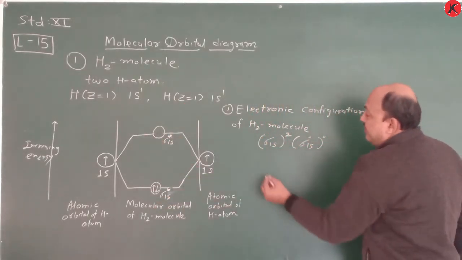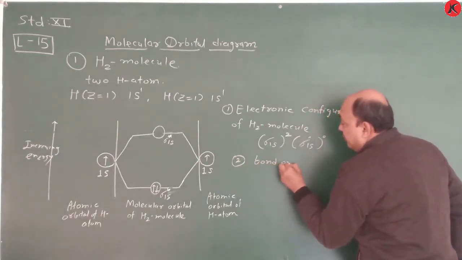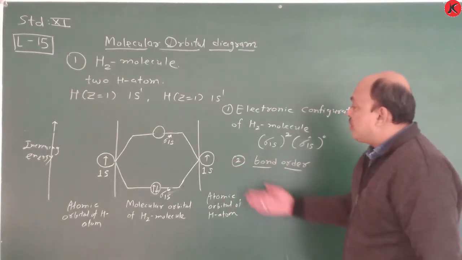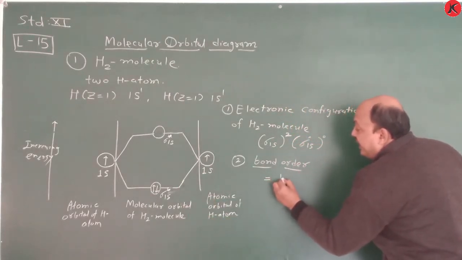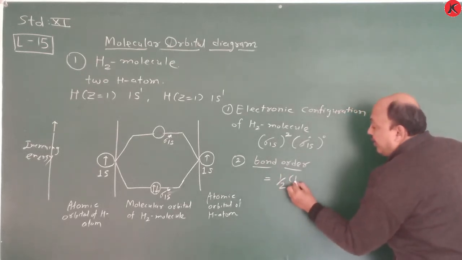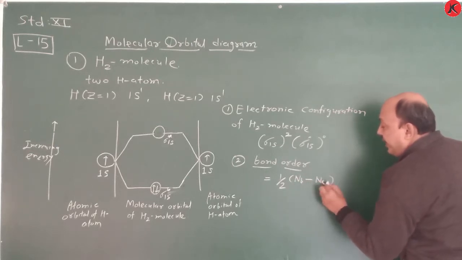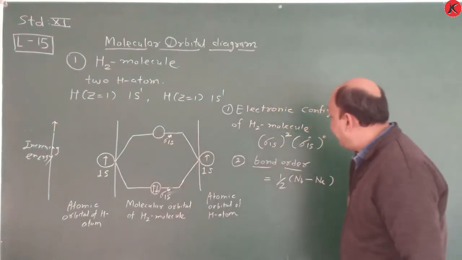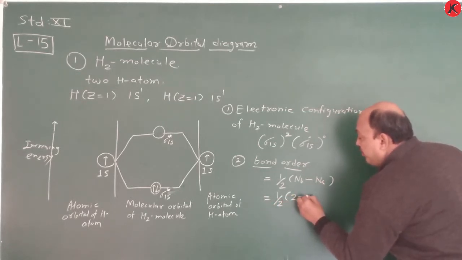Second, find the bond order. What is the bond order of this H2 molecule? Bond order is defined as half of the electrons present in bonding orbitals minus the electrons present in anti-bonding orbitals, where Nb is the number of bonding electrons and Na the number of anti-bonding electrons. So bond order is equal to 1/2 (2 minus 0).